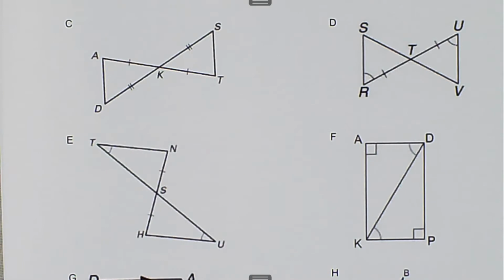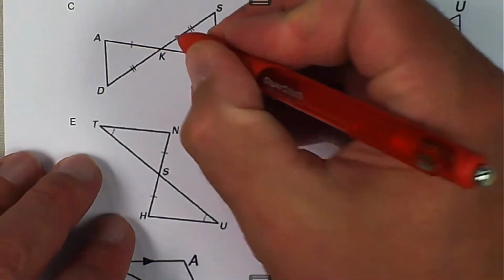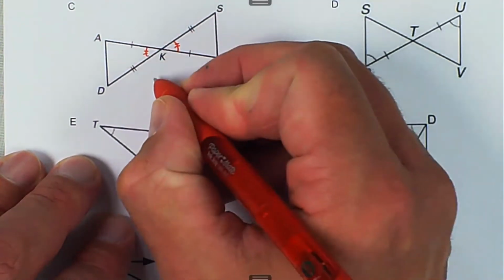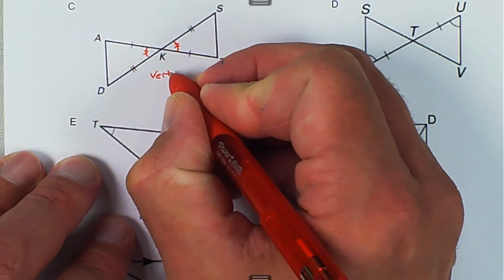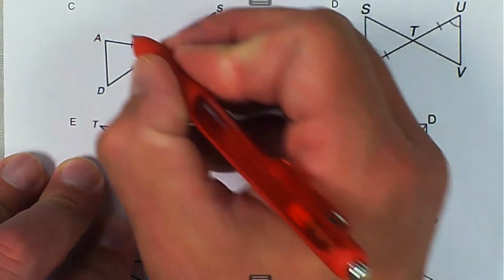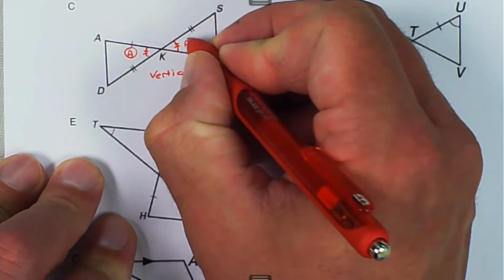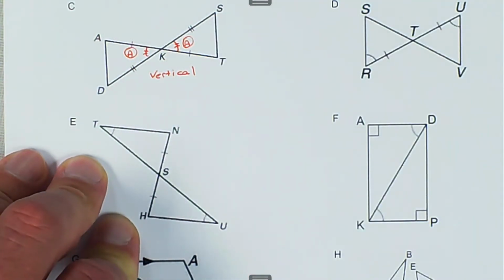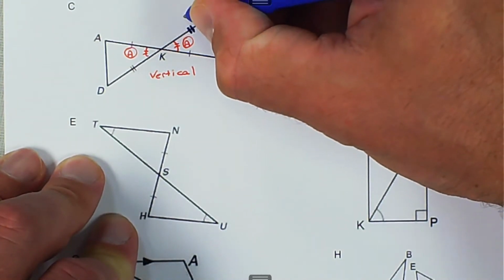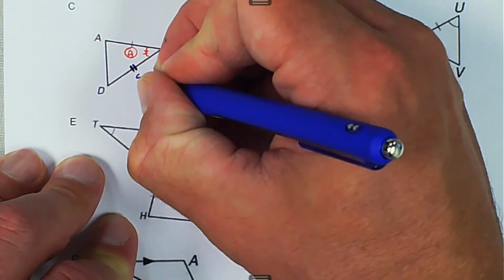So again, we don't have the mark for 90 degrees, but here we have two vertical angles. So we know those are congruent. So those are vertical angles. So that's going to be an angle and an angle. These two marks here is a side, and these two marks is a side.